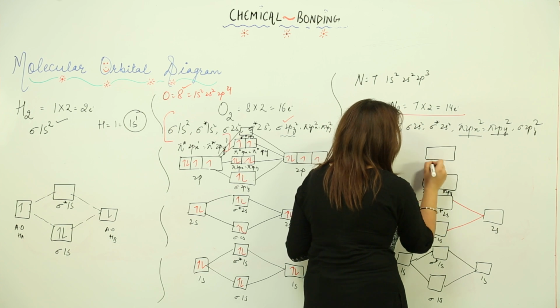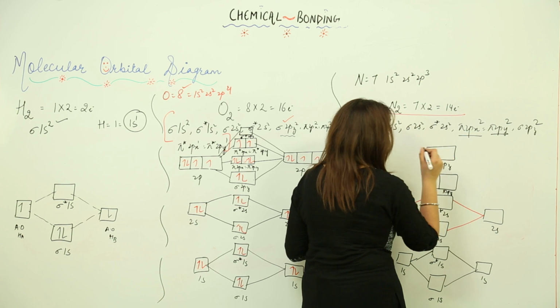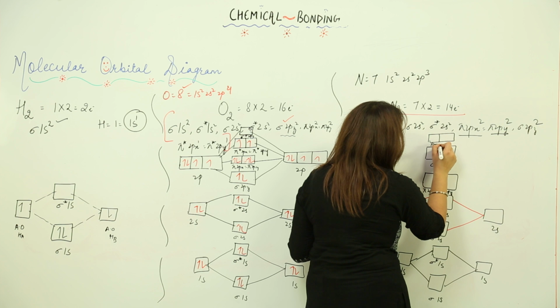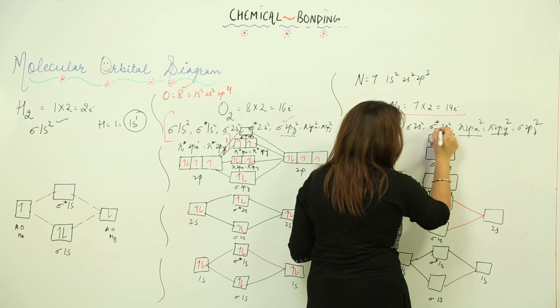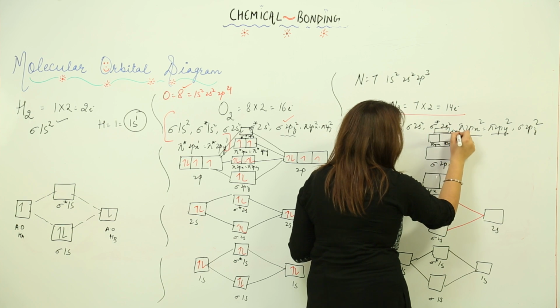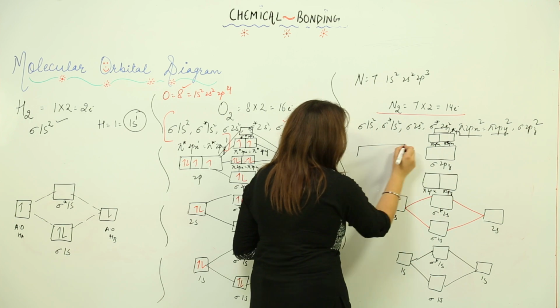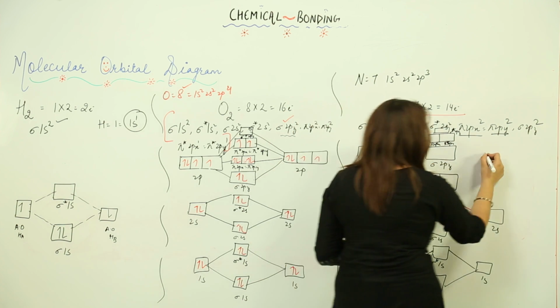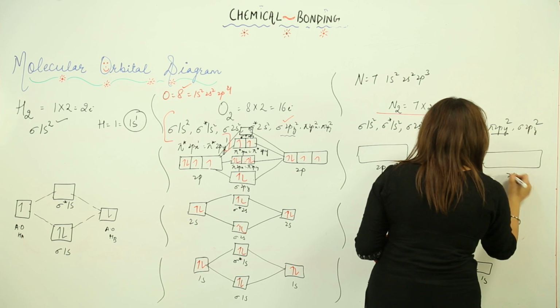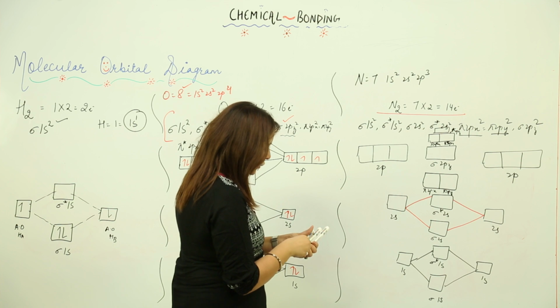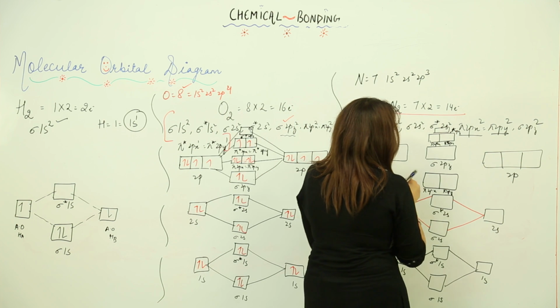Then I have sigma 2pz, and my anti-bondings are vacant actually, but the method of writing it is the same. These are my anti-bonding, and these are my atomic orbitals 2p. I'll draw the orbitals also. Right, so we'll just join them.